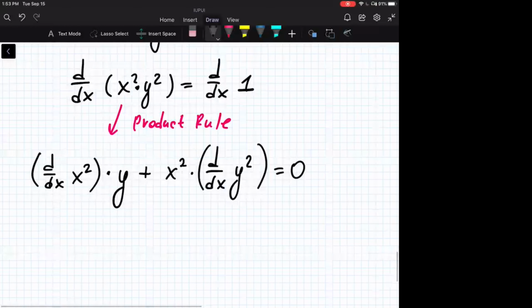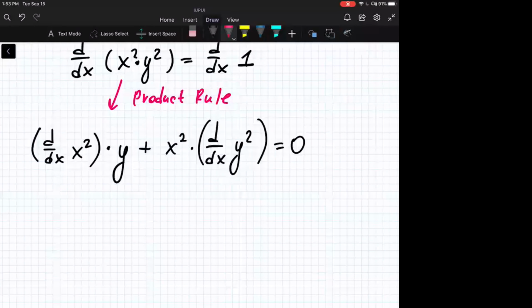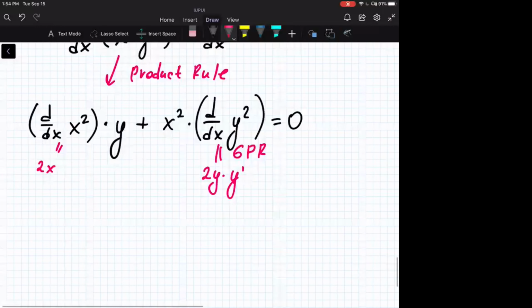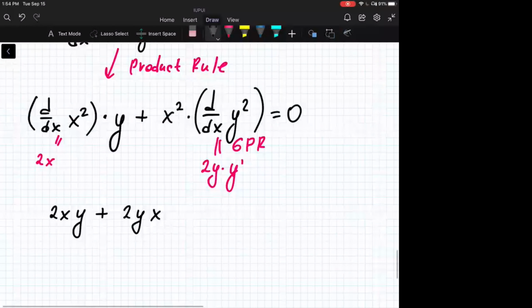Okay. And this is again the easy part. It's just 2x. This is again, by the generalized power rule, 2y times y prime. And so I get that it is 2xy plus 2y x squared y prime, and it is equal to 0.